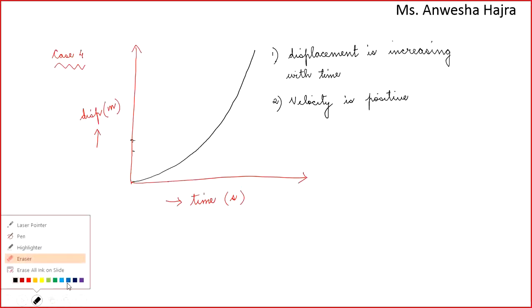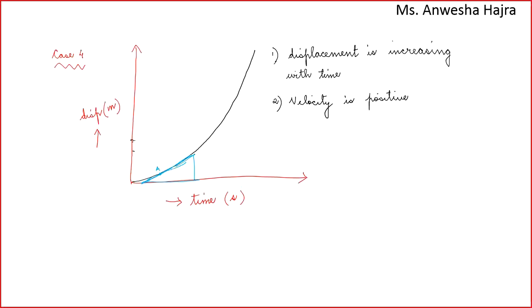Now you see, at this point, if anyone wants to find the slope, you have to draw a tangent, children. Tangent can be of any length. This angle is theta 1, perpendicular by base.